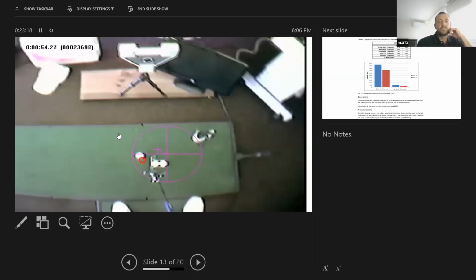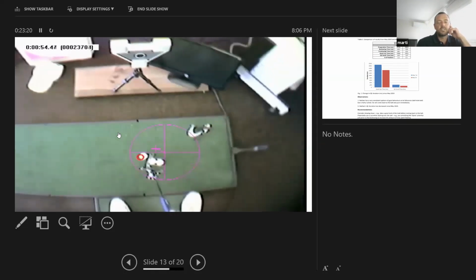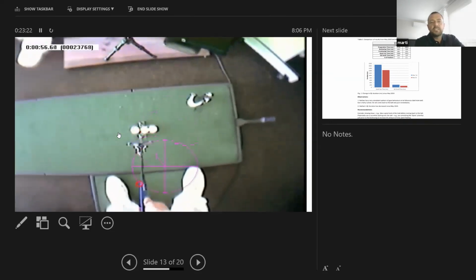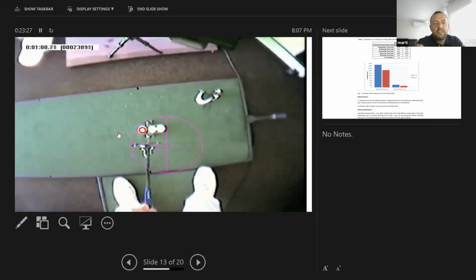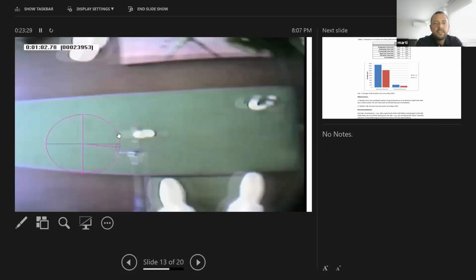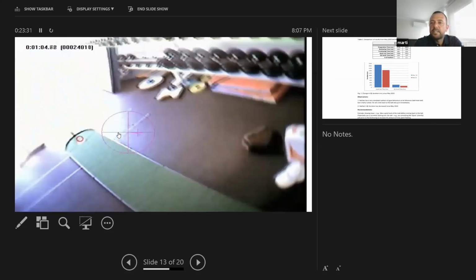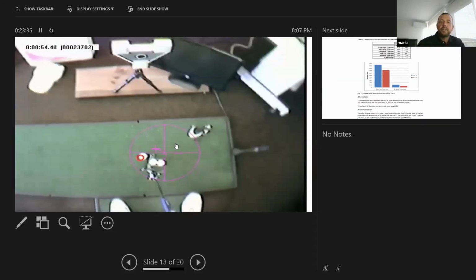It's quite an old video, so hopefully it looks okay. Where that circle is, is where this guy is looking as he sets up over a putt.